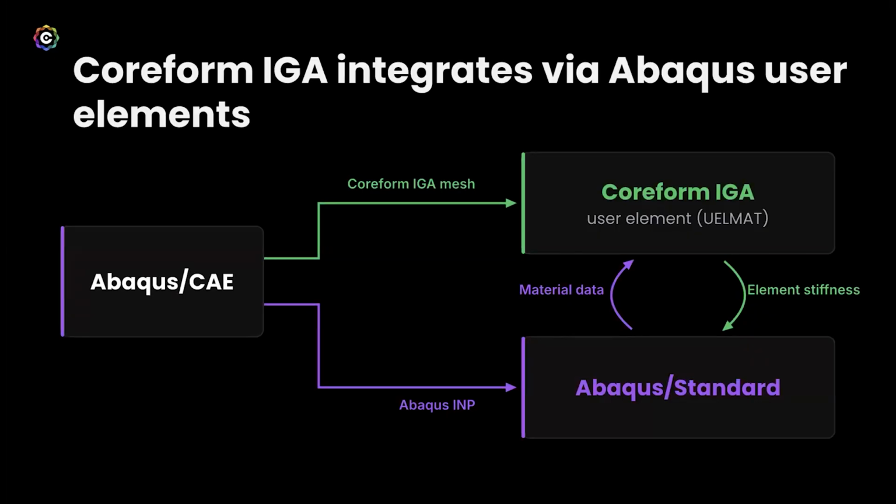We also write out a standard Abaqus input deck that includes this Coreform IGA mesh via an include keyword. Then during the solve, Abaqus Standard provides material data to our user elements, and we provide back element stiffness matrices or anything else that Abaqus Standard needs for its current operation. That specifically uses the UEL MAT functionality of Abaqus, where the MAT aspect of their user elements is what provides the material data to Coreform.